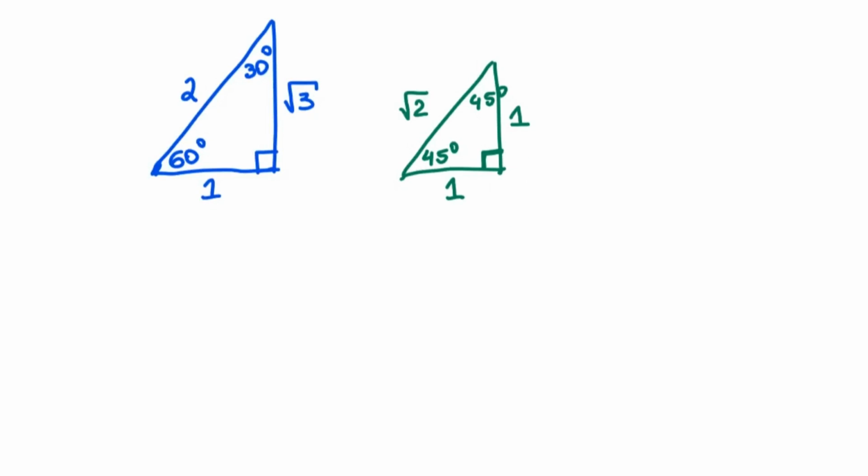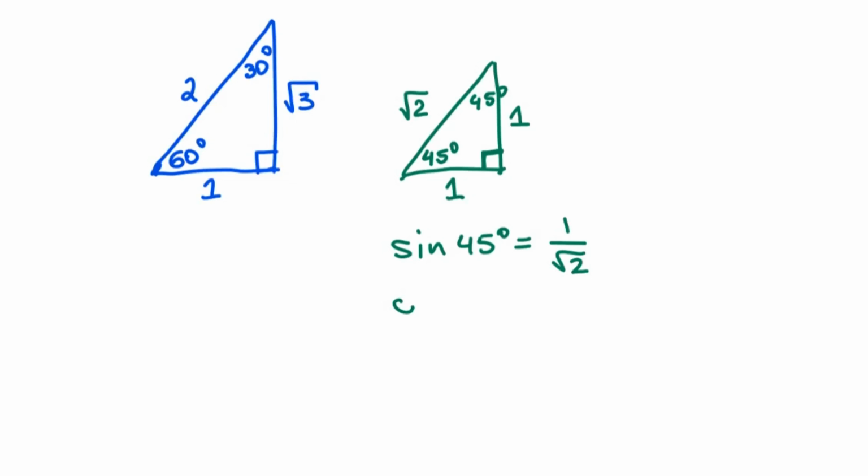From each one of these, we can determine the exact trig ratio of each one of the angles here. So if I wanted to, say, determine sine of 45 degrees, then I would do opposite over hypotenuse, 1 over square root of 2.